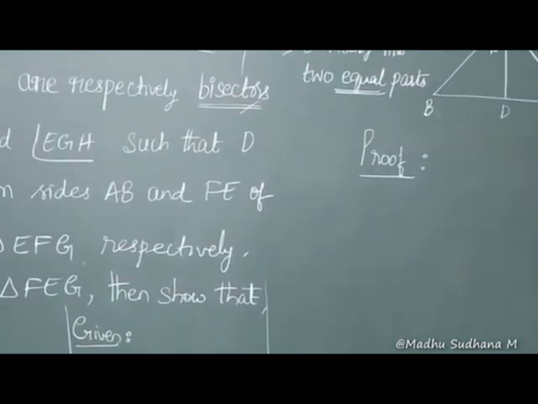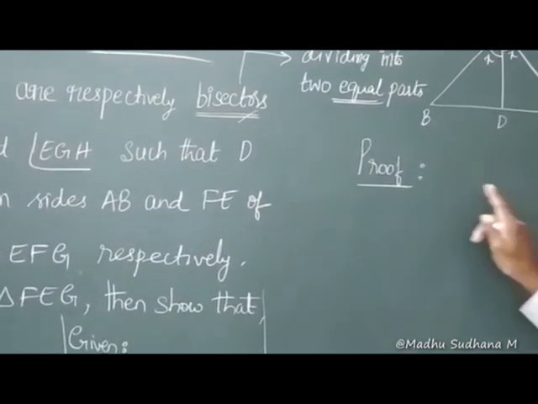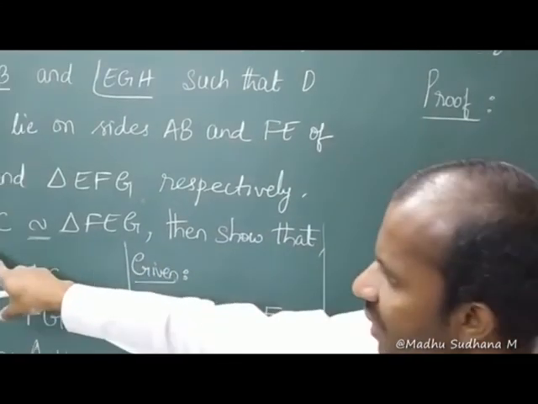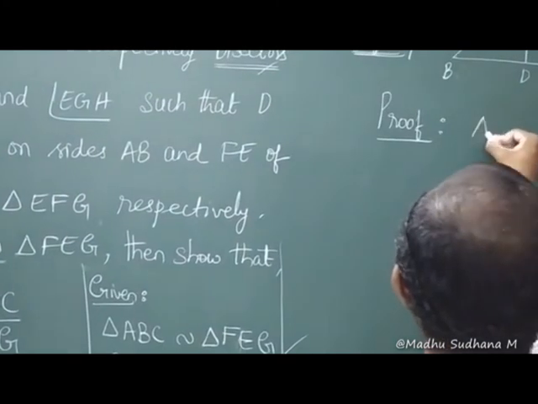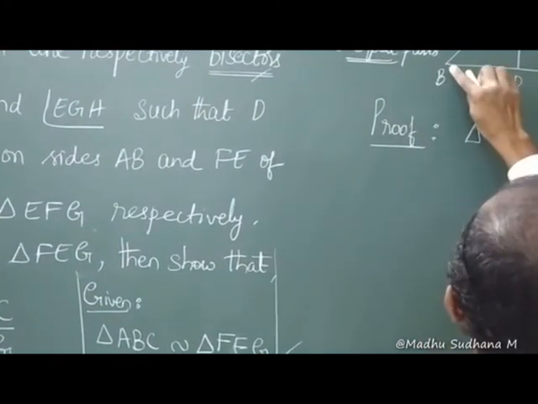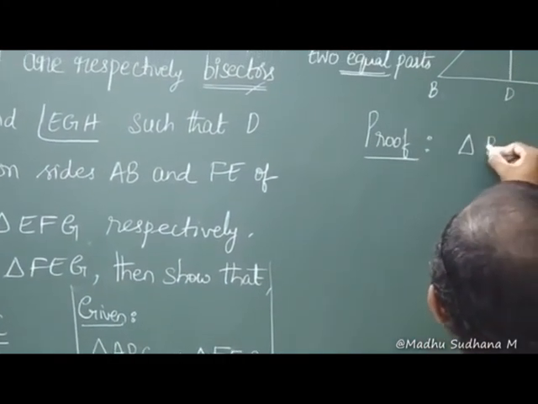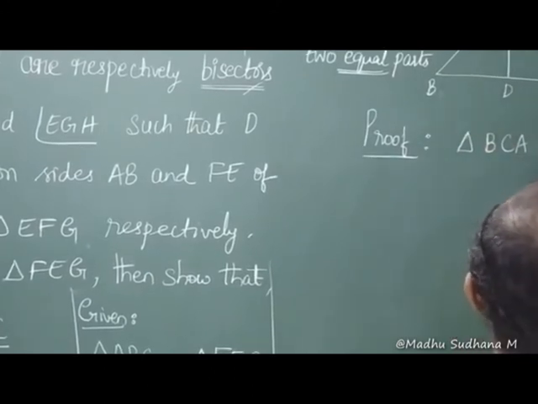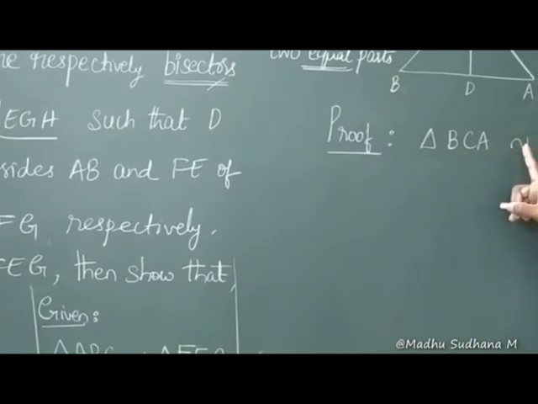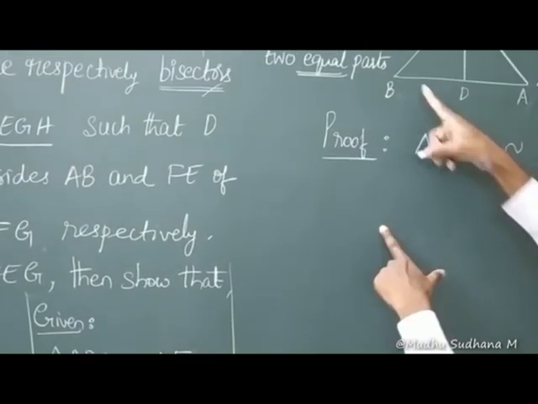So let us start with the proof of the question here. We can take this consideration in the given part, triangle ABC similar, right? Observe here, if I take triangle BCA, B to C, C to A, similar to. When I use this word similar, which was the corresponding vertex here?